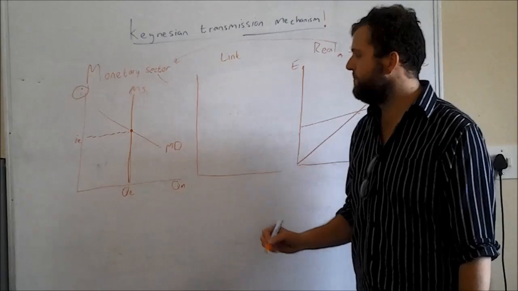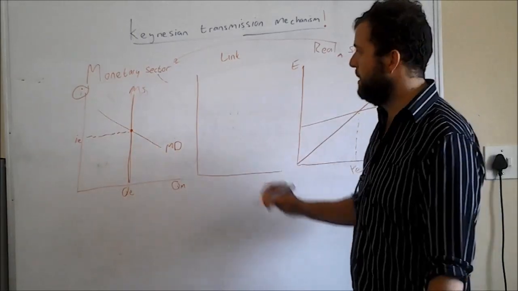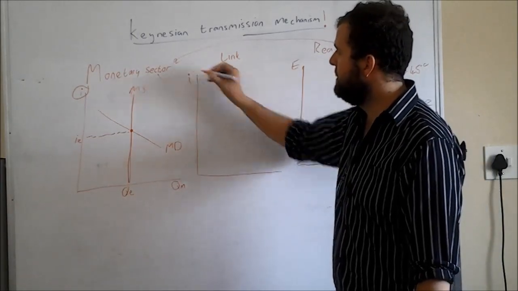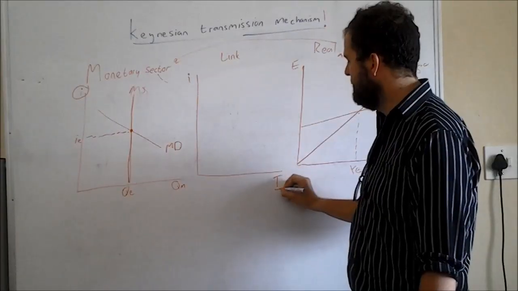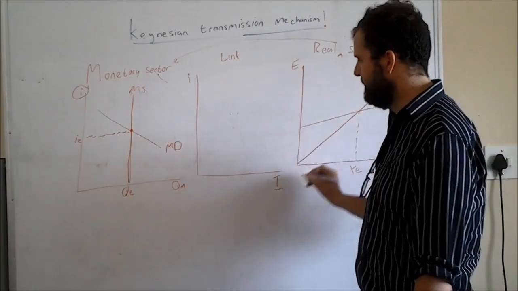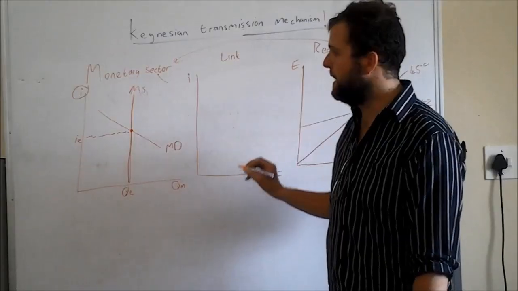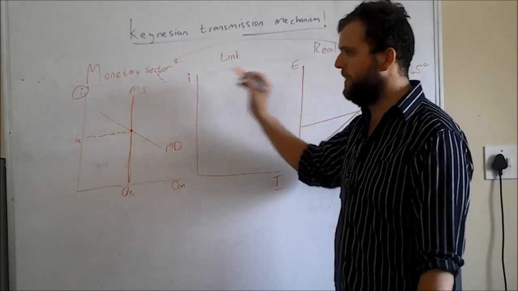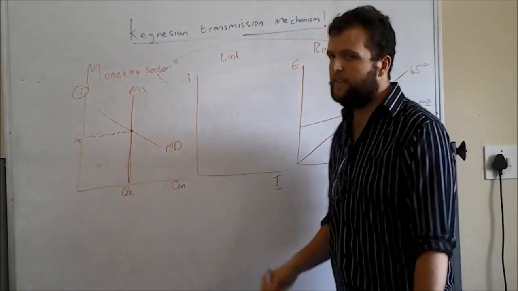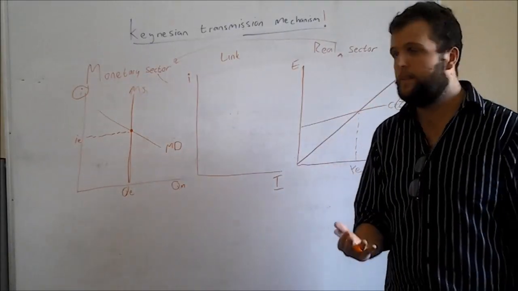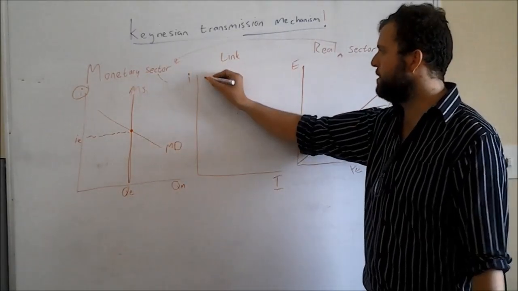But let's look at this negative relationship. So we take interest rates here, we take investments here, and now we have two variables, one from this side, one from this side, that links the two monetary and real sector. Okay. Now we know there's a negative relationship between interest rates and investment, so we just draw a negative line here.